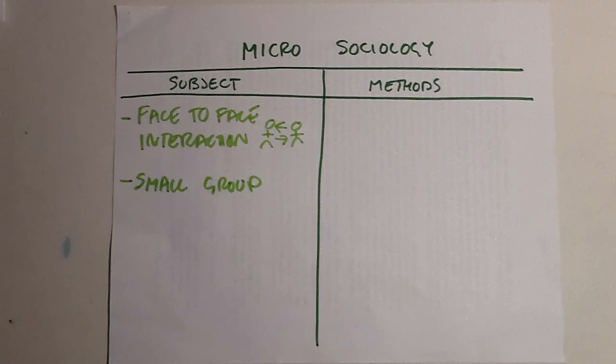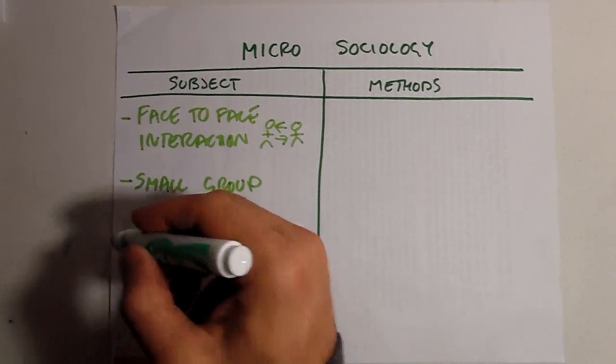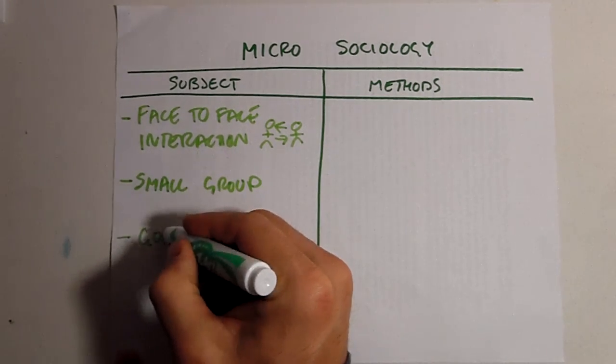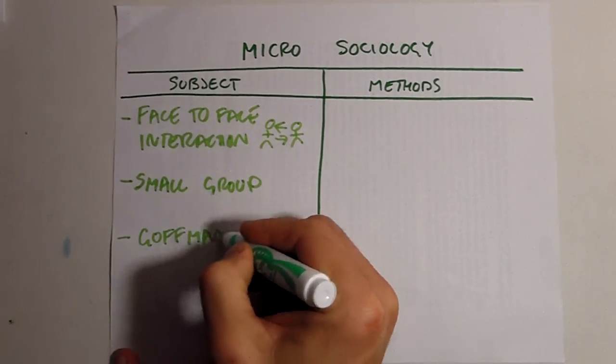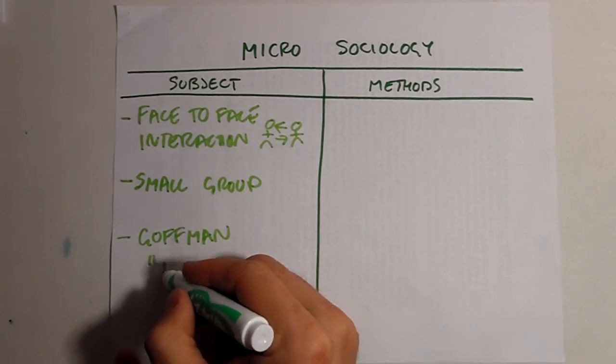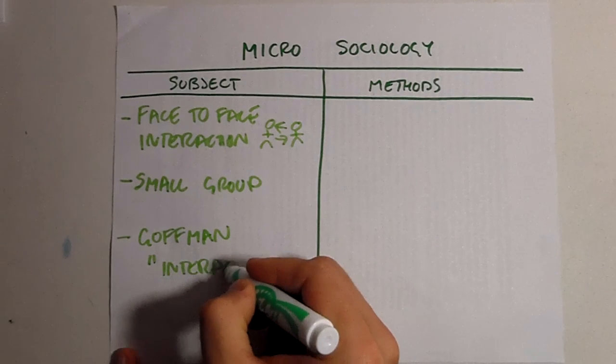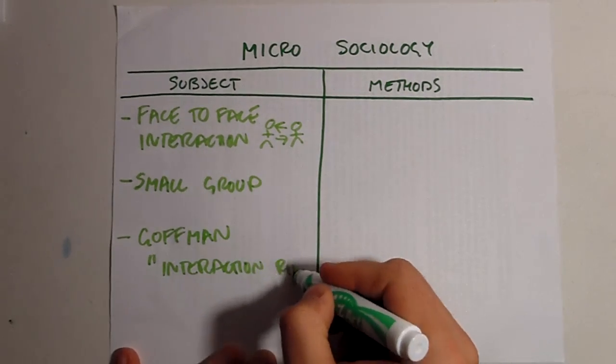One of the best examples of microsociological research is Erving Goffman's book, Interaction Ritual.